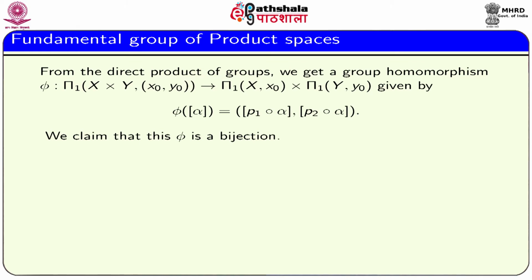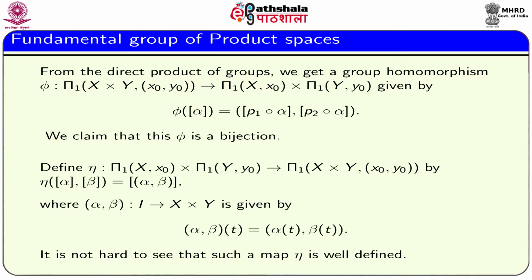From the direct product of groups, we get a group homomorphism φ from the fundamental group of X cross Y to π1(X) cross π1(Y), and that is given by φ of [α] equal to the pair ([p1 ∘ α], [p2 ∘ α]).